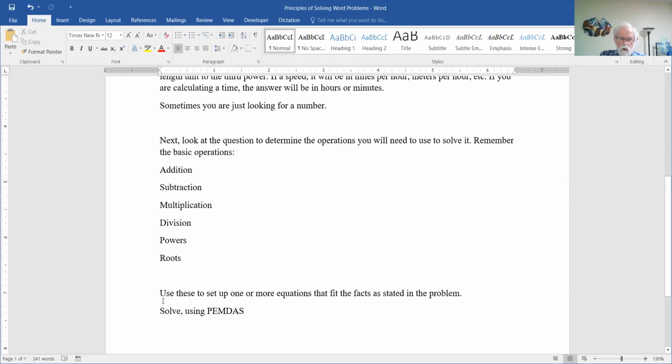And be very careful about using that and staying with it. And remember all the rules associated with that. Okay, so I'm going to write a little problem here that actually requires 2 equations to solve.